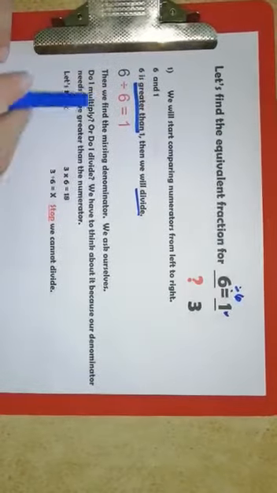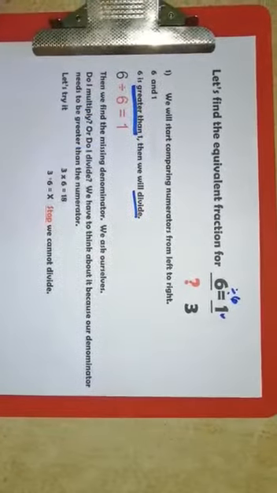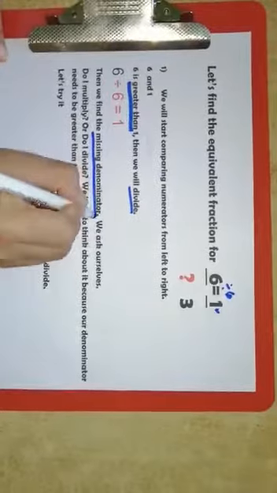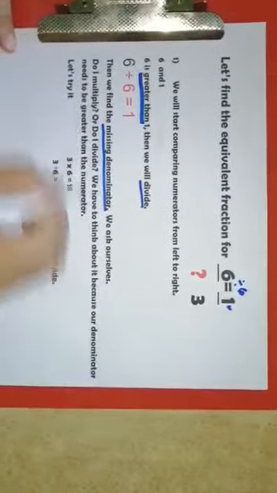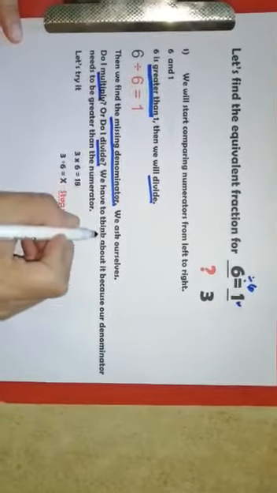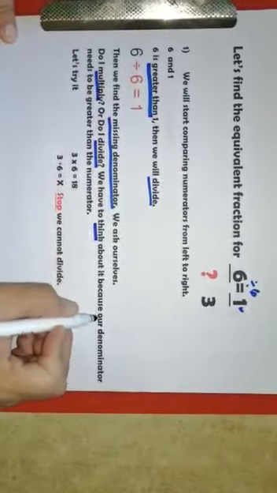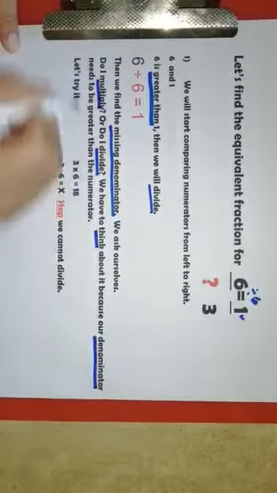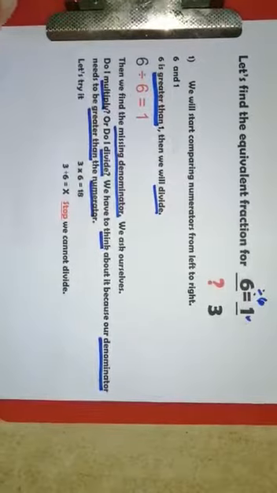Then we find the missing denominator. We ask ourselves, do I multiply or do I divide? We have to think about it because our denominator needs to be greater than the numerator.